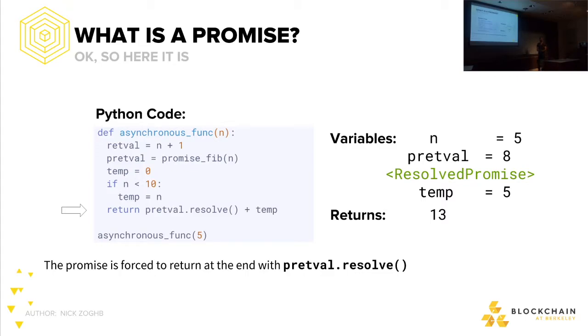Okay. Question over there. So when you run the promise, does it start running in the background, or does it just wait until the end? So that's a good question. It does run a bit in the background, but not to get too deep into how asynchronous calling works, it does run in the background.